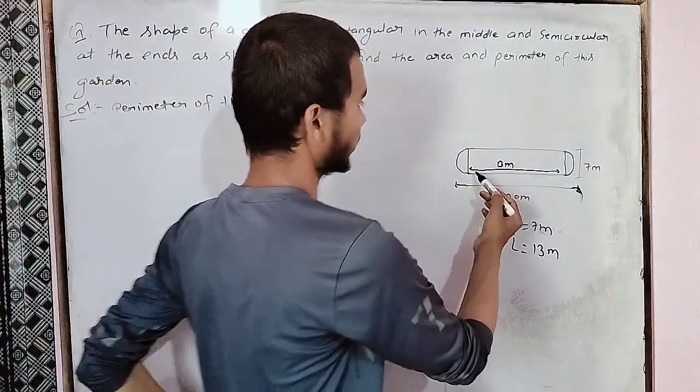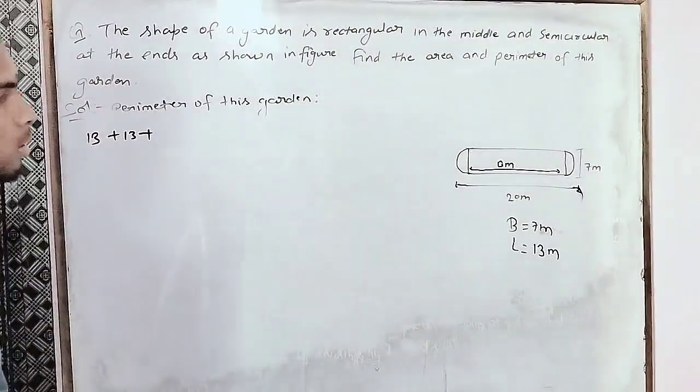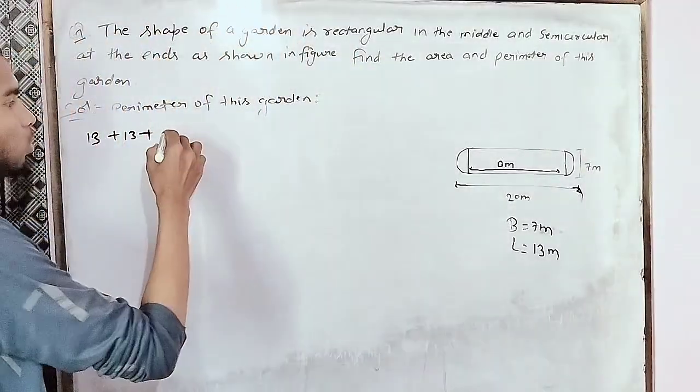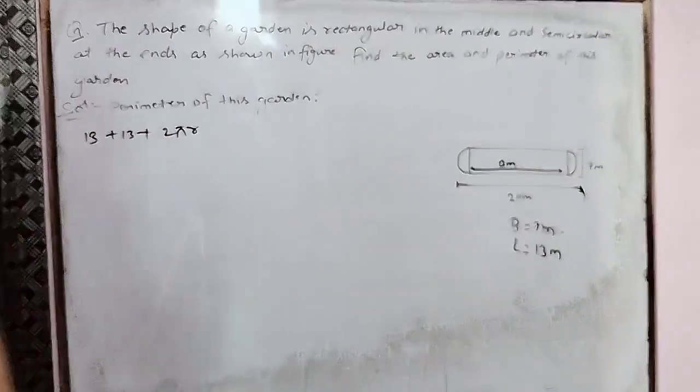Now we have this line segment and this line segment, which are two line segments, 13 plus 13. Then we have two semicircles, so 2 pi r, two semicircles.